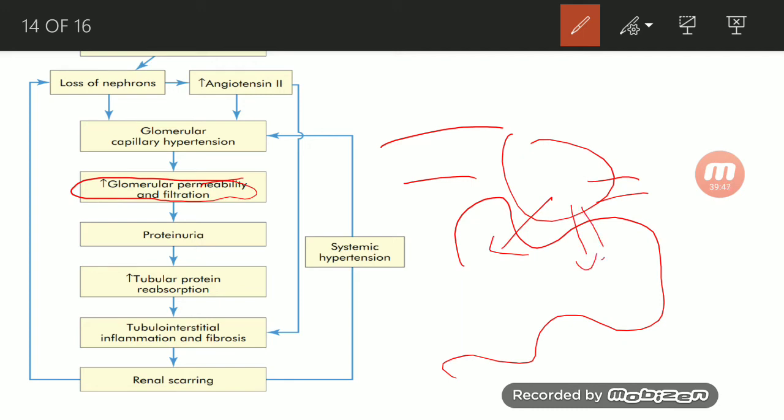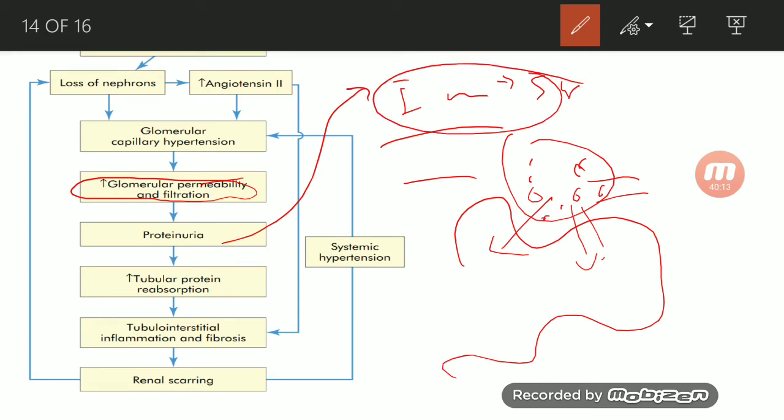Since filtration is taking place in more amount, the proteins present in your blood are going to escape and accumulate in your interstitial space. Along with that, more filtration will cause more protein entering into your tubules as well.